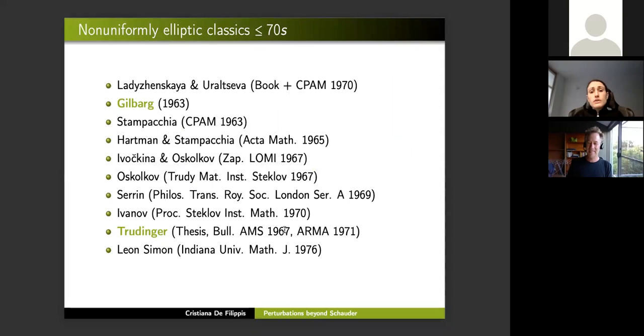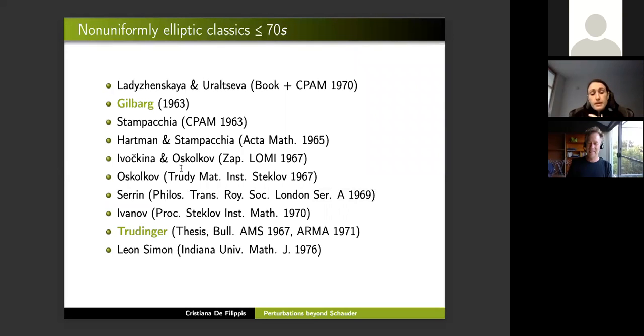Now, concerning non-uniform ellipticity, well, there are a series of important works, yet before the 70s, with the work of Ladyzhenskaya and Ural'tseva, Gilbarg, Stampacchia, Hartman and Stampacchia, Ivochkina and Oskolkov, Serrin, Ivanov, Trudinger, Leon Simon.